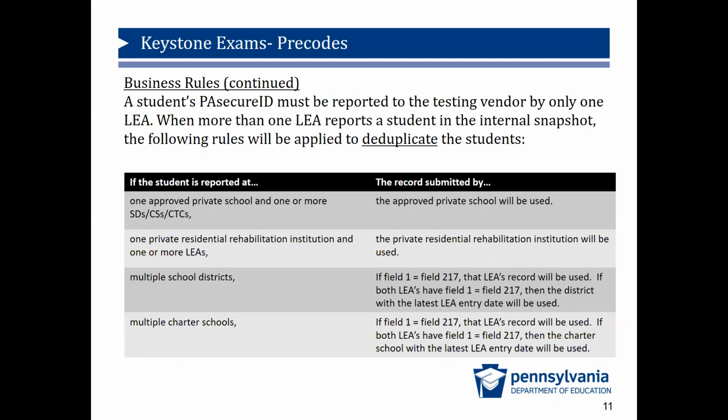Here are listed a few more PDE's deduplication rules for attribution. Please watch the full version of Keystone Exam Precodes webinar or consult the Assessment How-To Guide for more details.